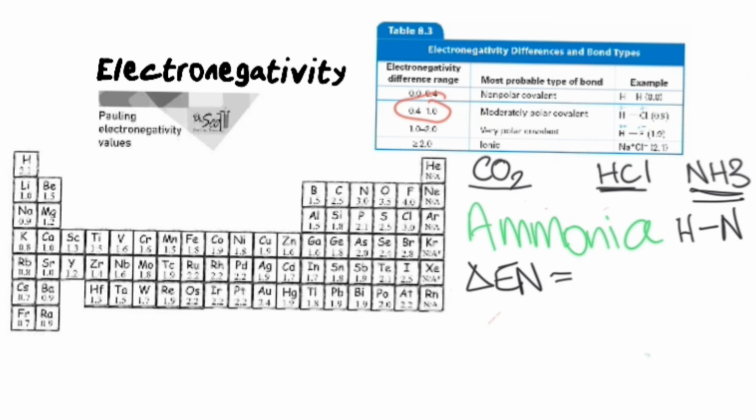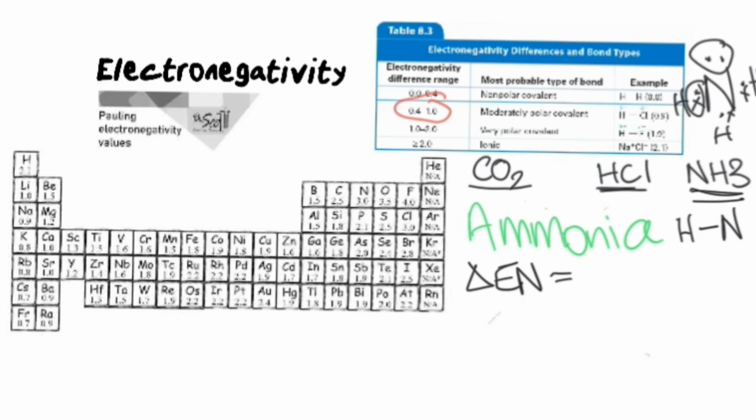I just want to draw it nice and clear. So it's in group 15, meaning it has 5 valence electrons. And then I have hydrogens right around it like this. And then there's a lone pair on the top there. So the bonds you can see, the shared pairs, are between an H and an N.